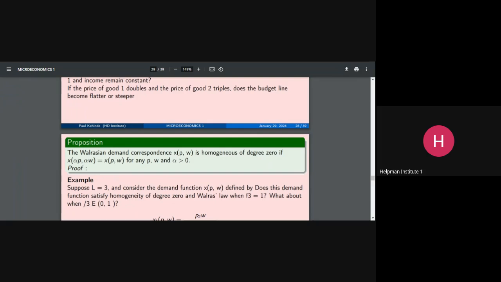Remember a concept in mathematics that says anything to the power of zero is one. So you just become alpha to the power of one here, then alpha to the power of one there, and you're going to have your function back. So let's provide a proof to that.